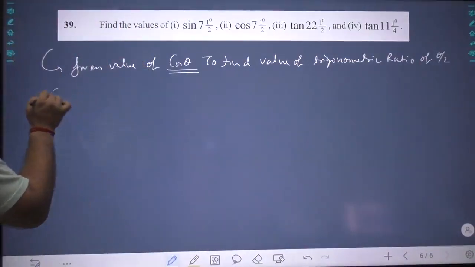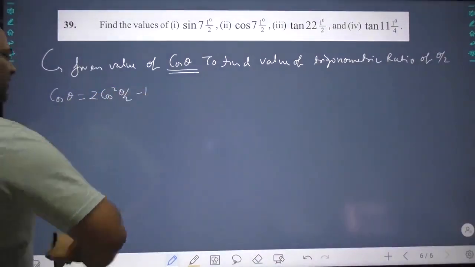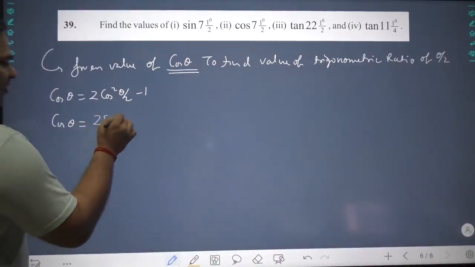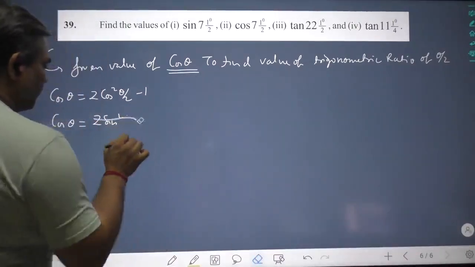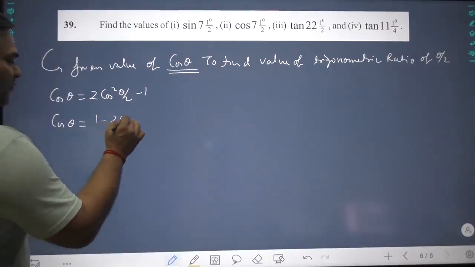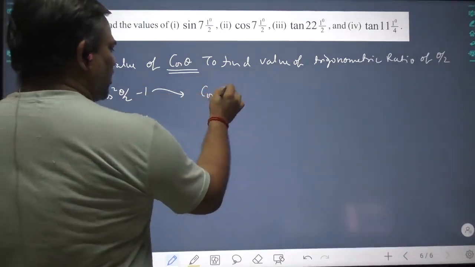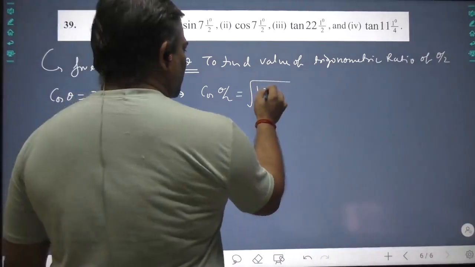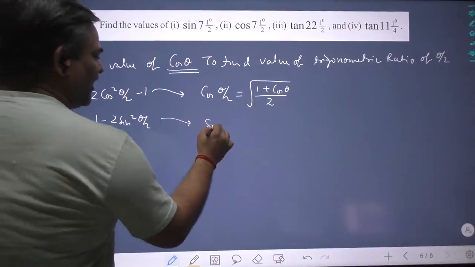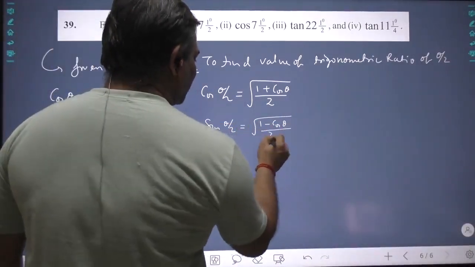We all know that cos theta can be written down as 2 cos²(theta/2) minus 1. Also, cos theta can be written down as 1 minus 2 sin²(theta/2). From here you get that cos(theta/2) is root of (1 plus cos theta) by 2. And from here you have that sin(theta/2) is root of (1 minus cos theta) by 2.